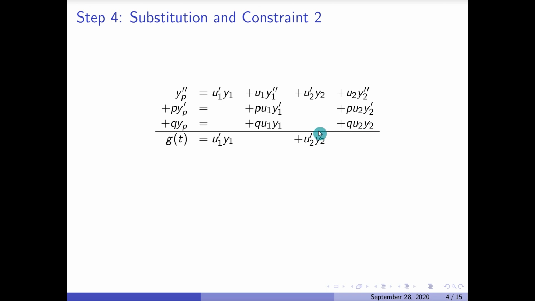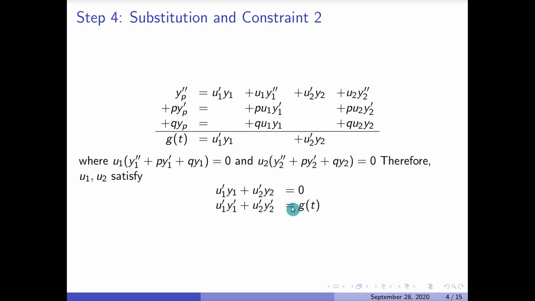Do you see why I wrote it this way? You might notice here and here, those two expressions are equal to 0. Why is that? Because y1 and y2 solve the homogeneous equation. Very good. Therefore, the second constraint is given right here. Now we have a system of two equations and two unknowns. How are we going to solve that system of equations?